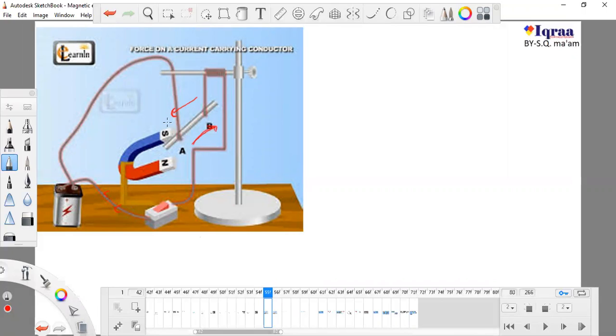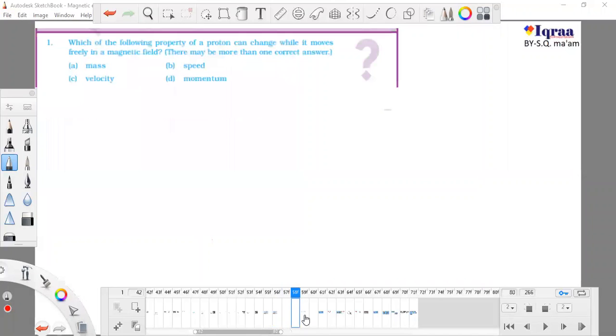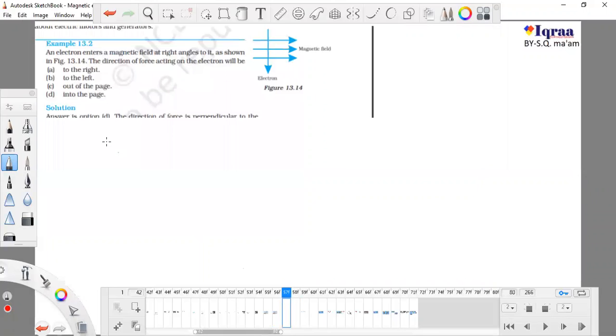One time this aluminum rod will move towards this side, and another time it will move to that side. One time it goes near the south pole, and another time it will move to the north pole. So today we are going to learn about the motor, and we will do these questions if we have some time left.